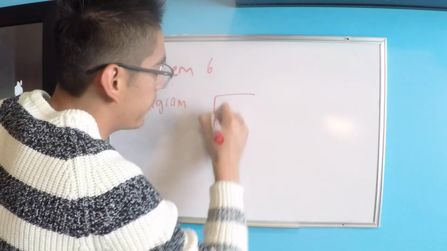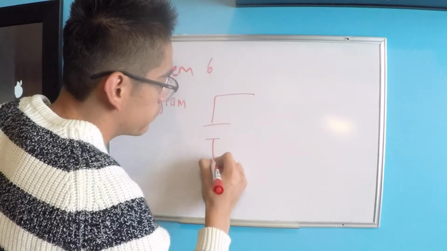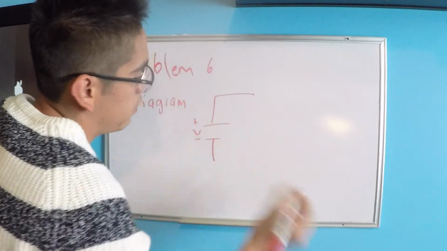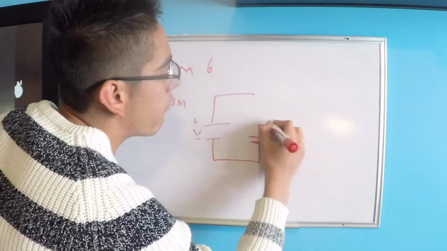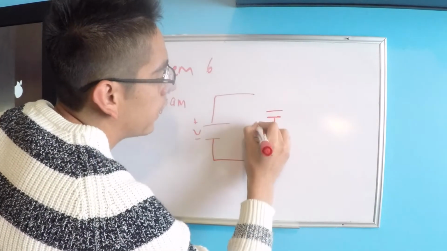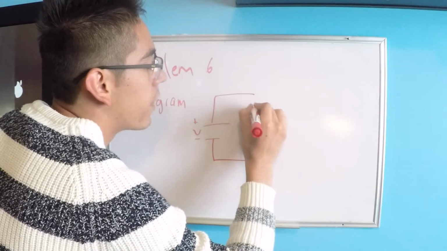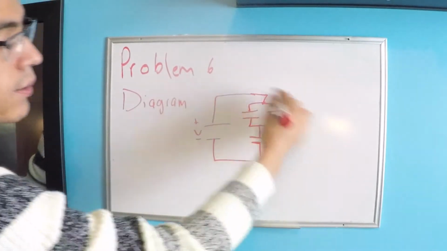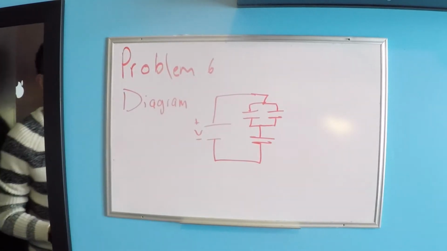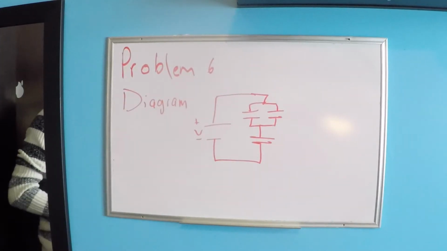The first step here is that we have a battery, minus, plus, our voltage. Then we have one capacitor, and then we have an array of capacitors. These capacitors are in parallel, and this is an equivalent of series capacitors.